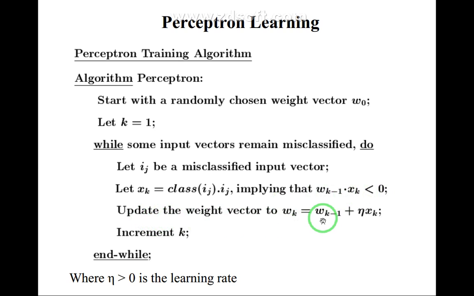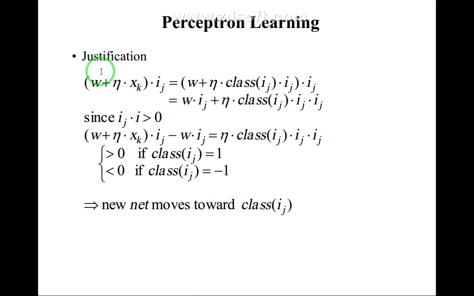Update the weights using the learning rate, which, as I said, should be a positive number. The justification for the change in weights is that it moves the new net toward class ij. So this is the perceptron learning.